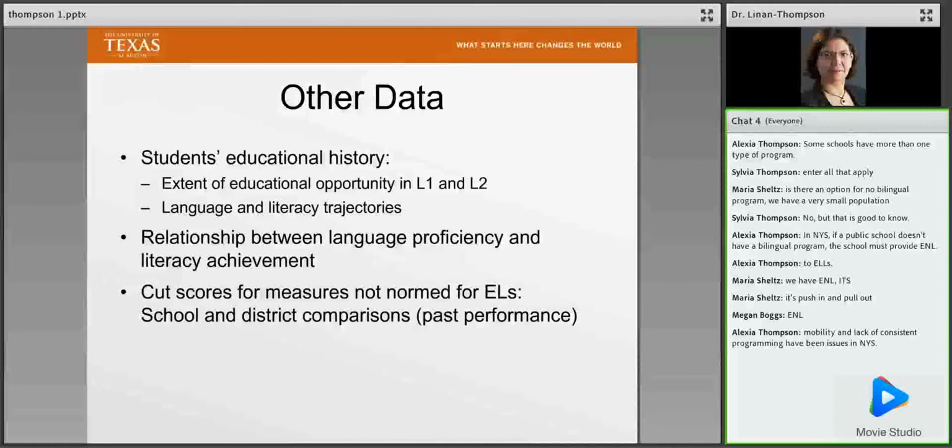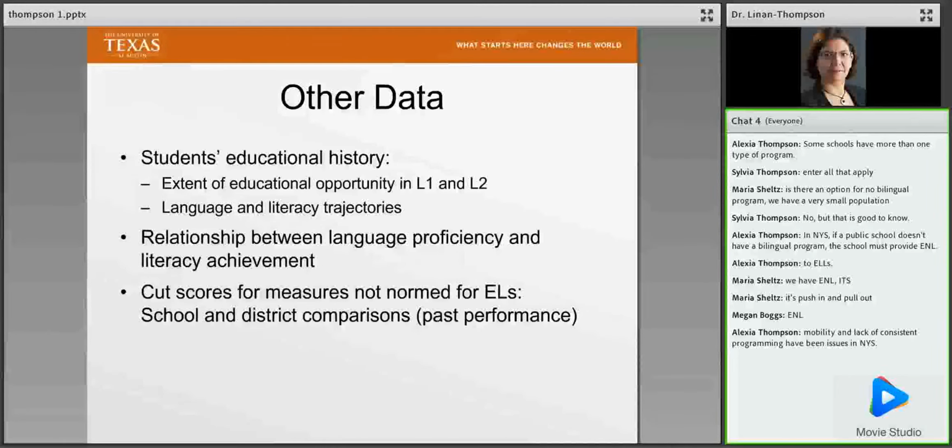And so we think, oh, 130 words per minute in second grade or third grade, they're doing well. But then what happens? They take those state accountability tests and they bomb. Why? Because they haven't been developing the language that they need. Because the vocabulary, we all know, impacts comprehension.